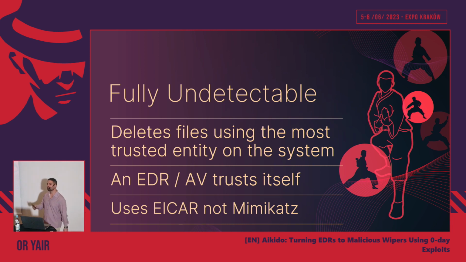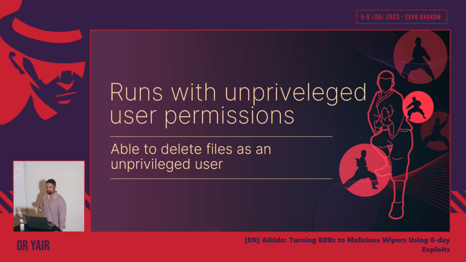And in order to minimize the noise of the creation of a malicious file, the wiper uses the EICAR test file instead, which is not really a malicious file, but EDRs and AVs still delete it. It is able to run with the permissions of an unprivileged user, just like we saw in the demo, and we will see in the second demo.